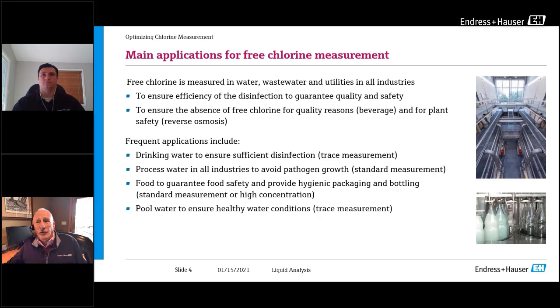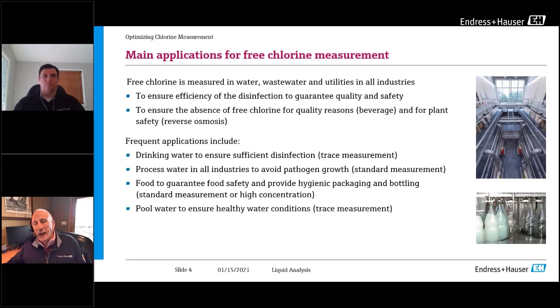So you're going to find free chlorine applications most commonly in drinking water applications, where they're going to be looking for trace measurements of free chlorine. You're going to be finding it in process applications, where they're looking just to do overall pathogenic kill. It's typically used at higher concentrations.